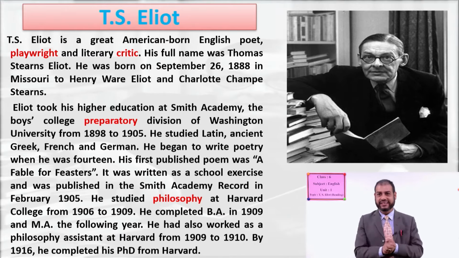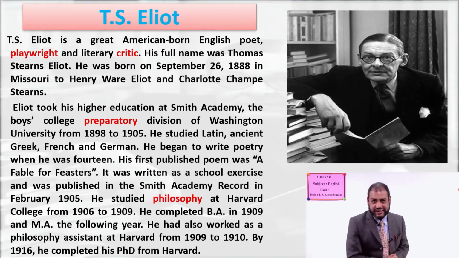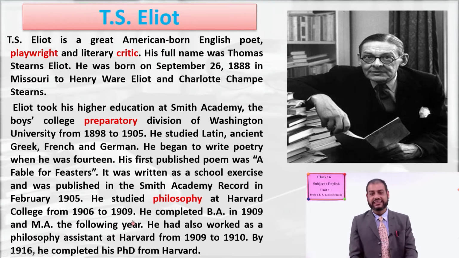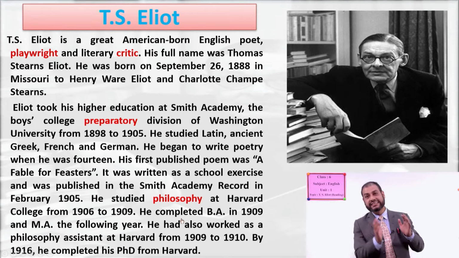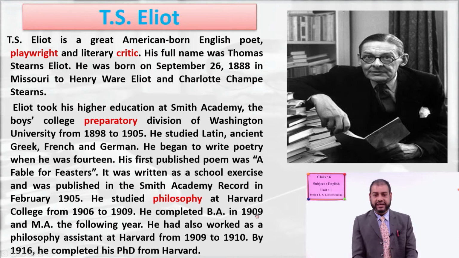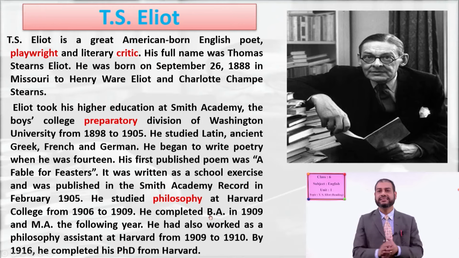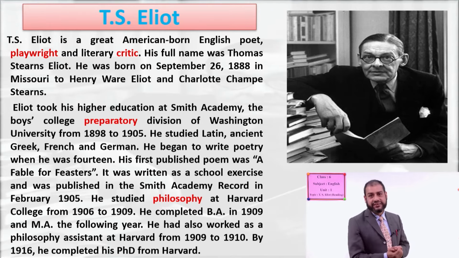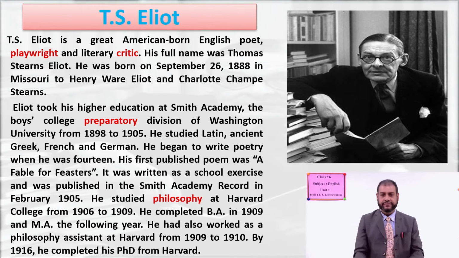You have to tell me the date, year. Oh yes, so clever you are. He completed his MA in 1910, okay? Because in 1909 he completed his, let's say, BA, and then in the following year, means in 1910 he completed his MA, Master's degree in Arts, okay?